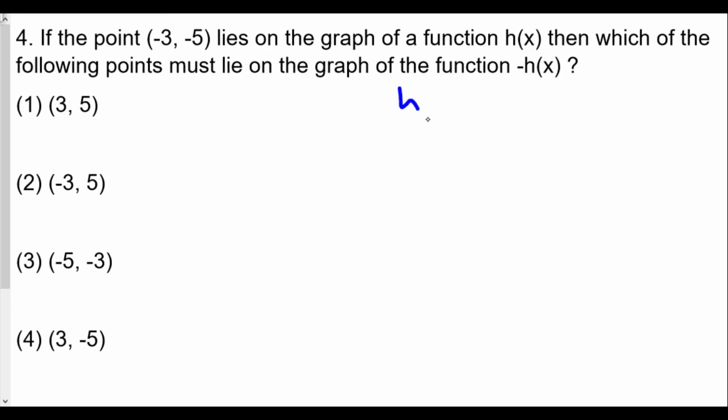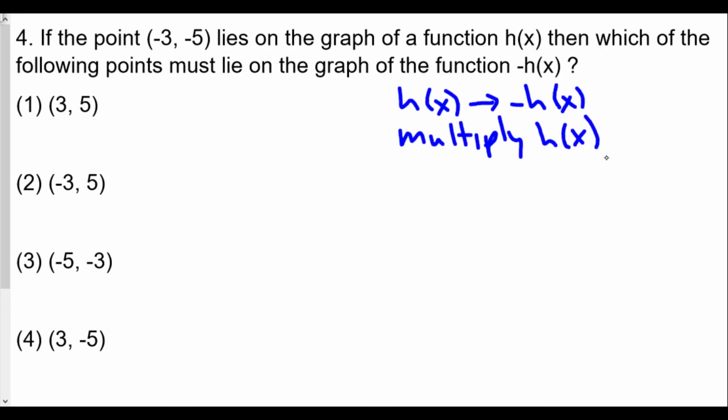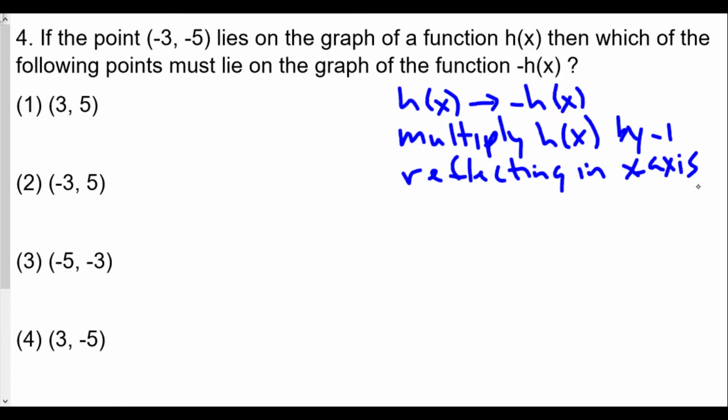Well, when we go from h of x to negative h of x, meaning when you multiply the function by negative 1, we are reflecting in the x-axis. So if you remember that kind of transformation, x comma y, when we reflect in the x-axis, becomes x comma negative y.